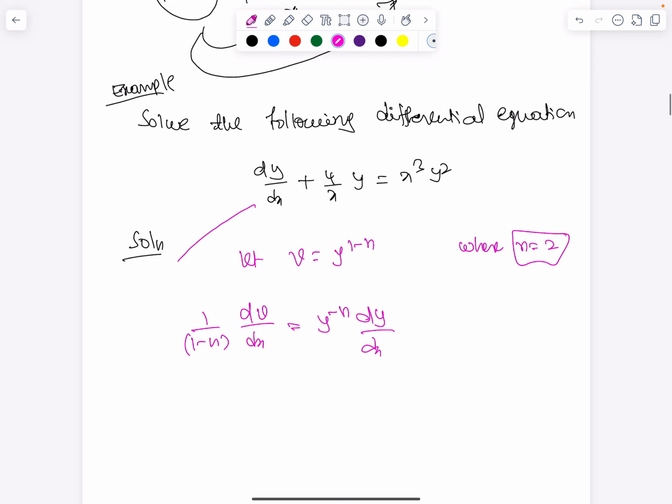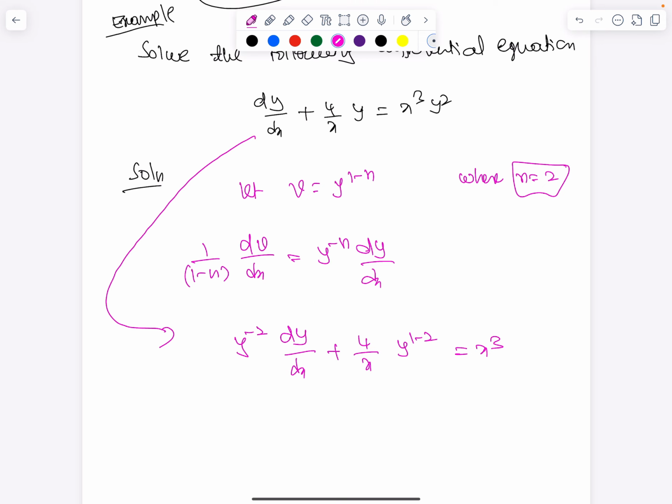So if you rewrite this equation, y power minus 2 dy by dx plus 4 by x into y power 1 minus 2 is equal to x cube, and now you can compare what p is, what q is and other values. That gives you n is equal to 2. Here n is equal to 2.